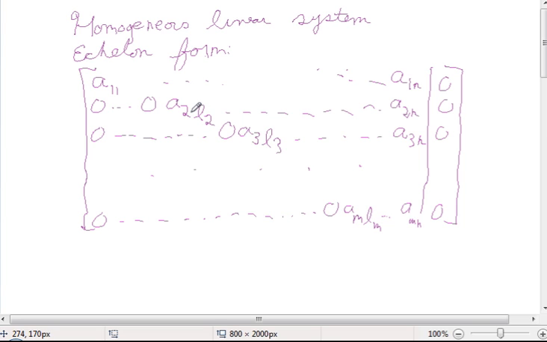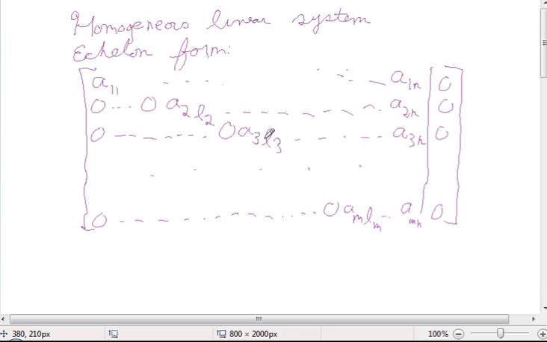All right? Now, if I go to the third row, I can do something similar. I know I'm going to have some number of zeros in front, at least 2. I don't know how many, could be more. And then the first non-zero entry in that row, I'm going to call A3,L3. Again, I'm not sure exactly what the value of L3 is. It's at least 3, but it could be more.